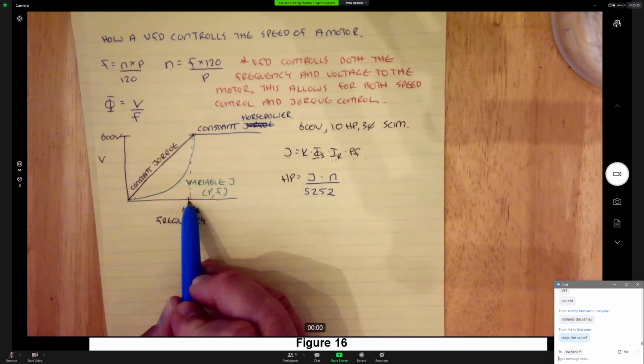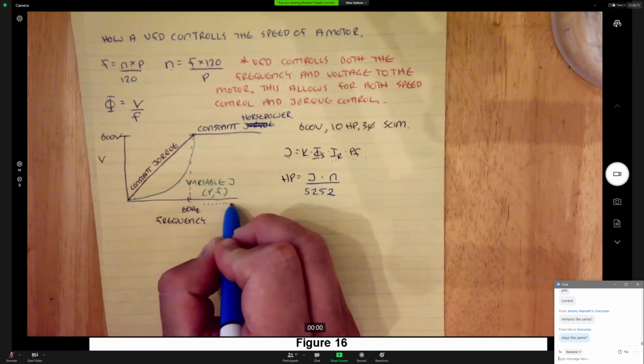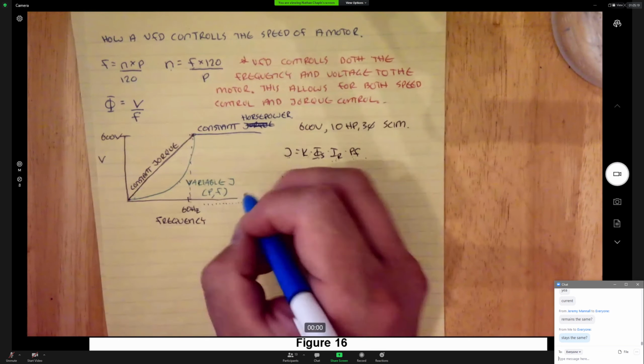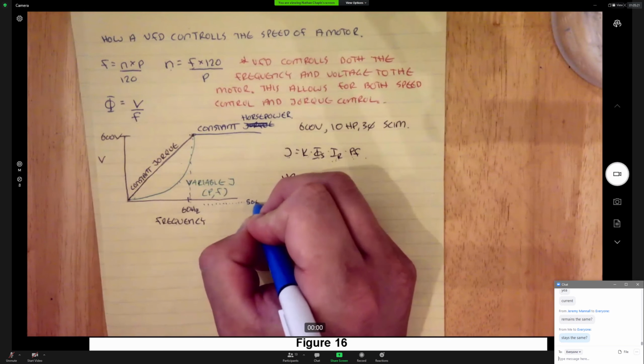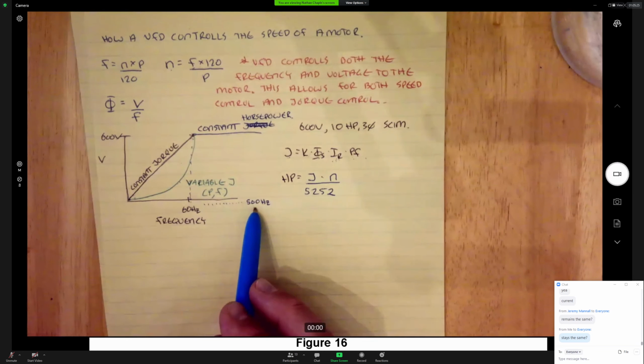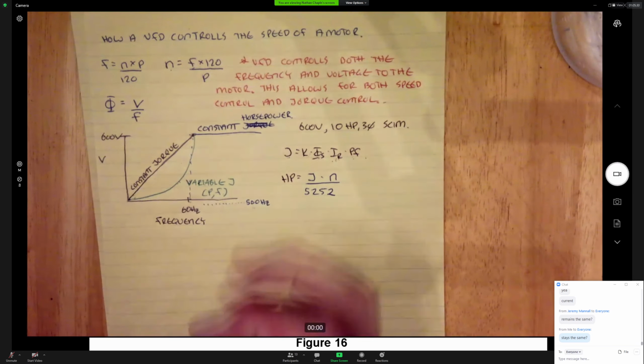And now let's talk about this. I'm going to be going through a manual with you guys, probably mostly next time, maybe a little bit this time. And it has a simulated output frequency of up to 500 hertz. And if you look at this here, let's go with a 4-pole motor.